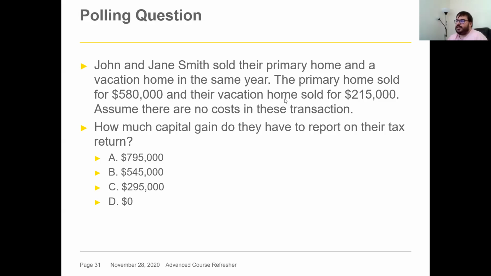They sold their vacation home for $215,000, and there's no exclusion for that. So when you add it all up, you have $80,000 from the main home and $215,000 from the vacation home, for a total of $295,000 of capital gain to report.